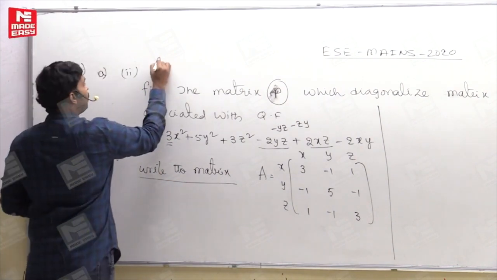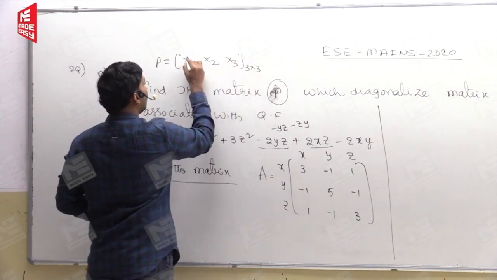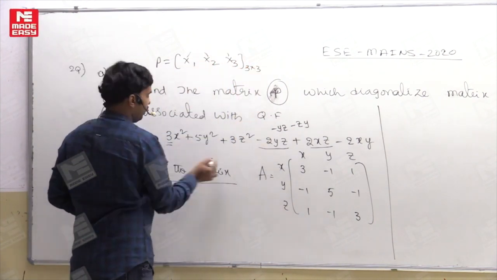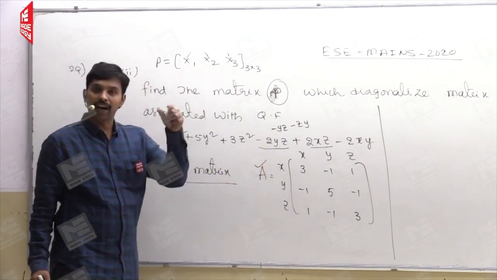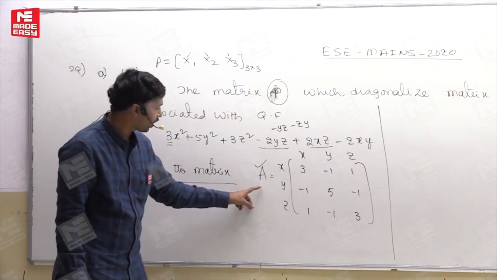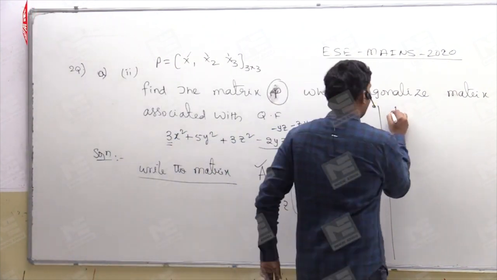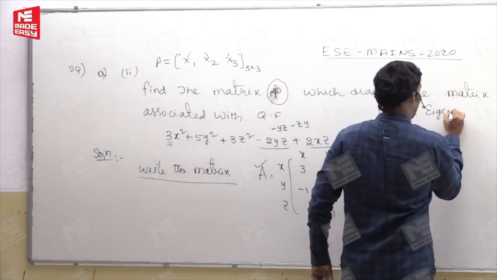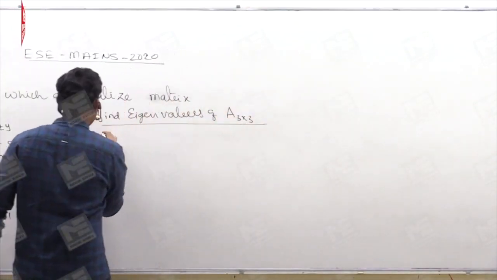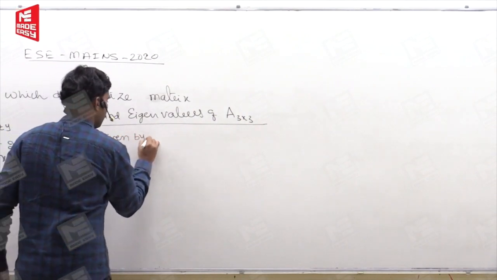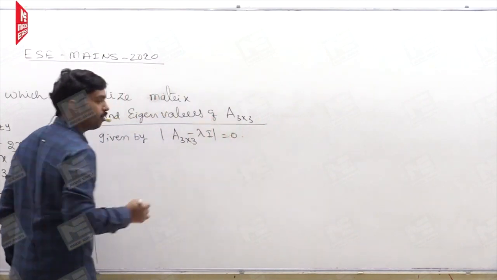The model matrix P consists of x1, x2, x3, which are the eigenvectors of the matrix A. The eigenvectors are given by eigenvalues, so first we need to find the eigenvalues of this 3 by 3 matrix A. It is given by mod of A minus lambda I is equal to 0.